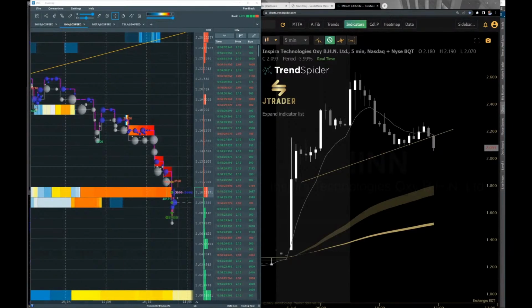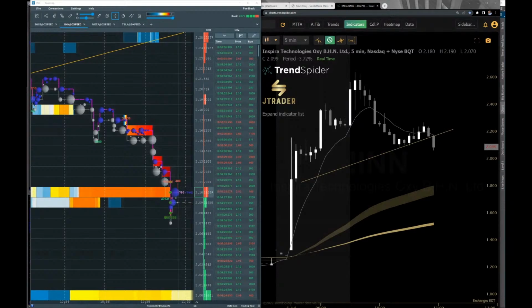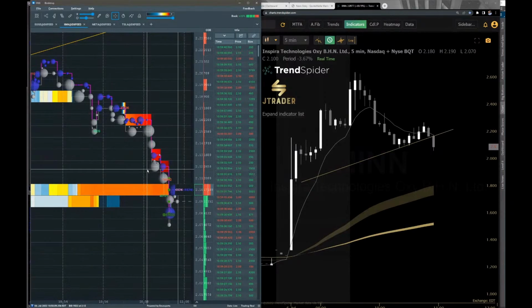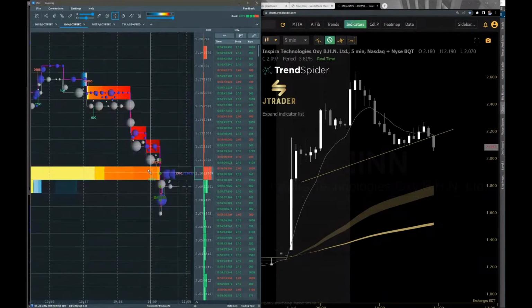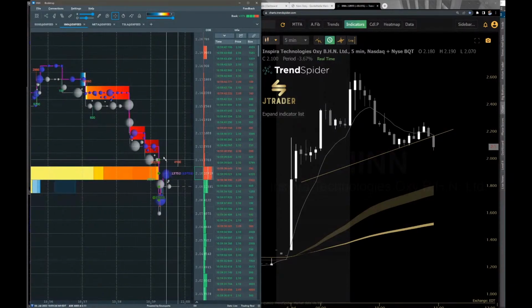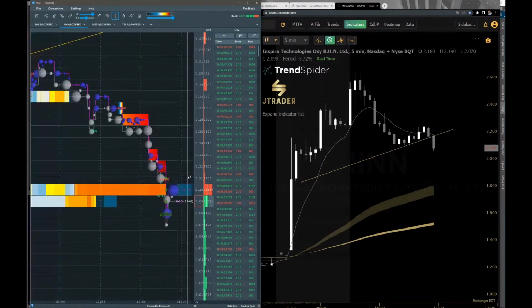Plus we have over here a step down pattern. You can see how the seller is guiding this down over here.